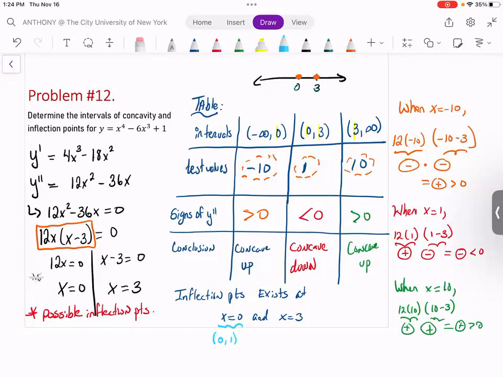When x is equal to 3, you have to do a little bit more work. So 3 to the 4th is like 81. Then for the next number, 3 cubed is 27. So 27 times negative 6. I don't know what that is off the top of my head. Negative 6 times 20 is negative 120.